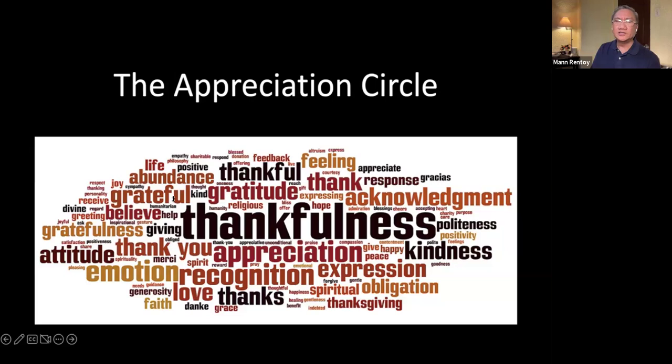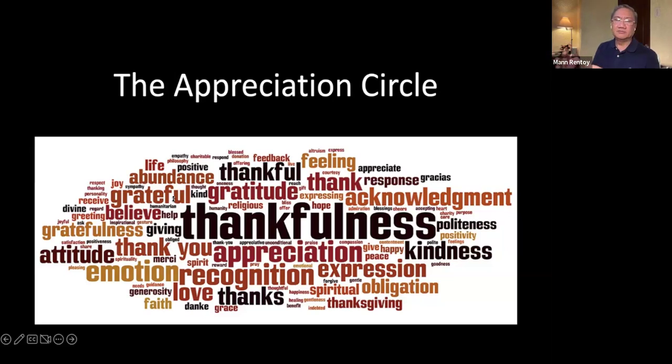Well, the more we teach students, people, gratitude, appreciation, thankfulness, the better we are preparing them for life. So this is literally a circle. Form students into a circle where each student expresses appreciation for the person on their right to reinforce positive connections.